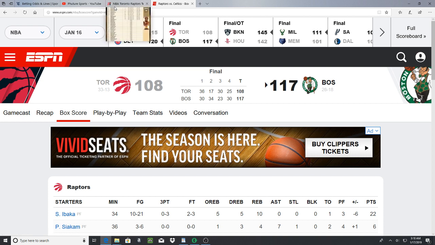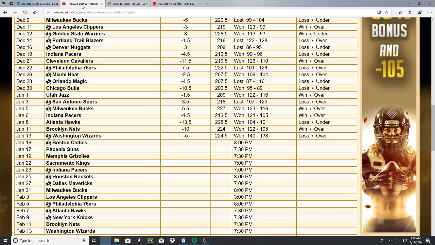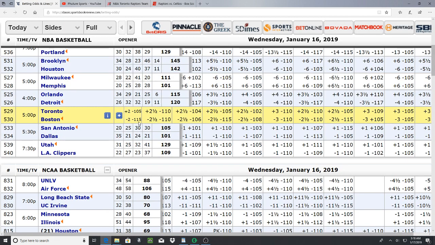Obviously, with it being on ESPN, you know that it was going to get a little bit close at the end there, but the right team won in this situation, okay, because of the concept that we were using to figure out this result, okay? So that is why Boston covered this game.